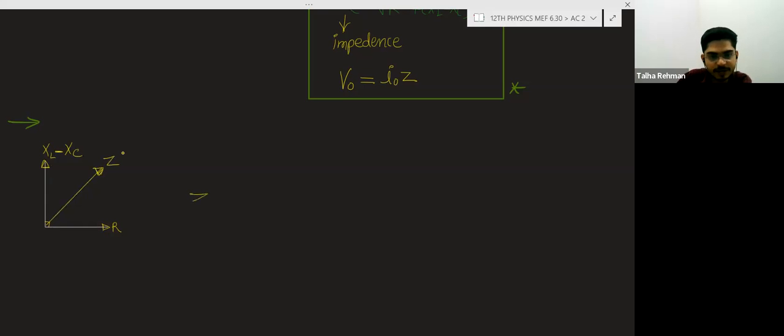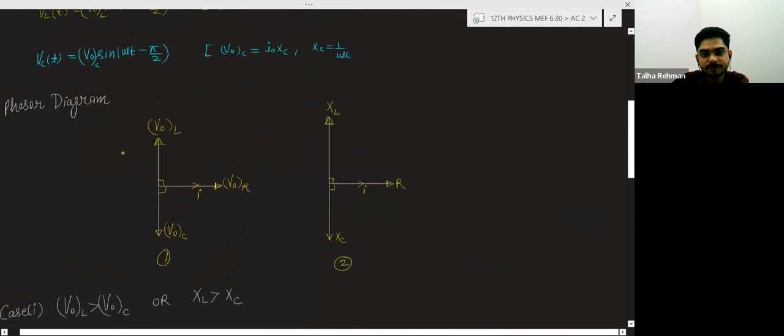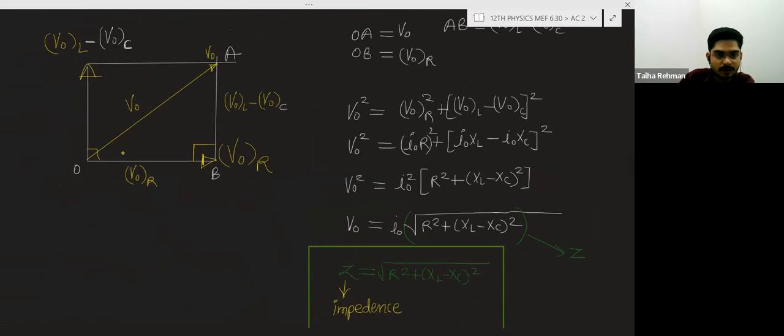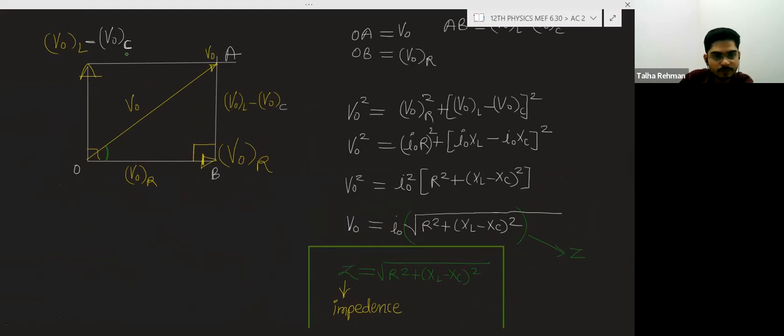And Z we have already calculated. What is the value of Z? Square root of R square plus XL minus XC square. And here this angle is phi. Phi is the phase difference between the current and the voltage.